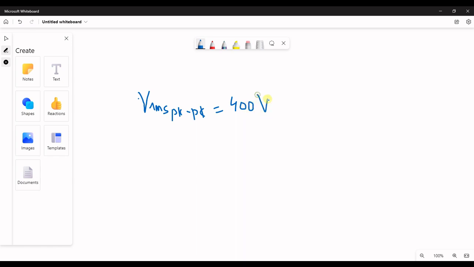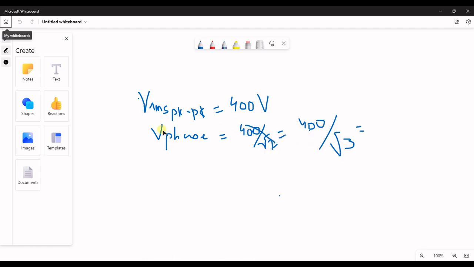In order to find the phase value, when we divide the 400 by root 3, we will get 230.1 volts per phase.